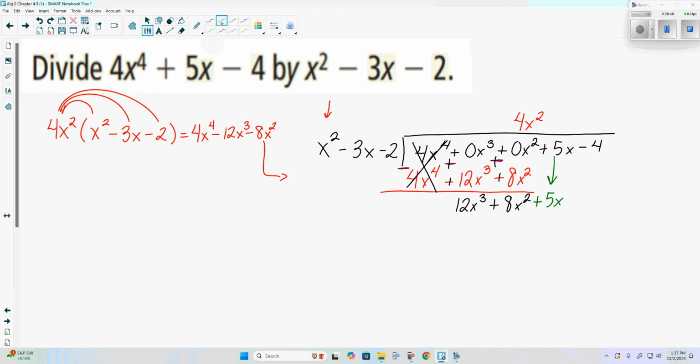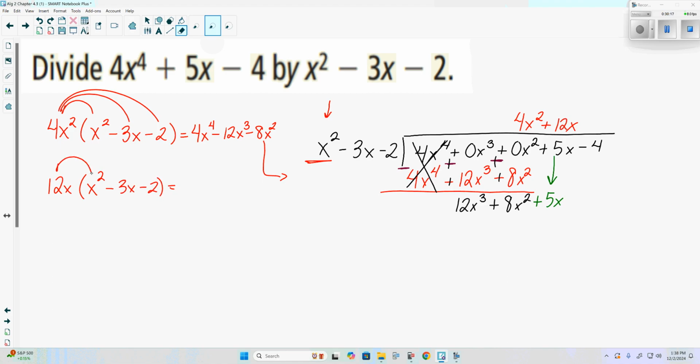Now we're going to repeat this process again. What times x squared will give us 12x cubed? We do need 12. We also need what? X. Because our 12x times x squared should give us the term we want.